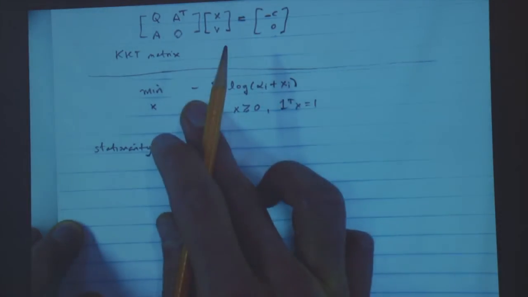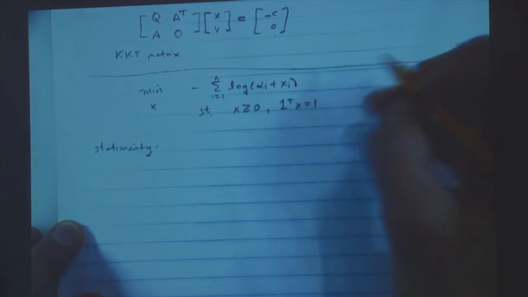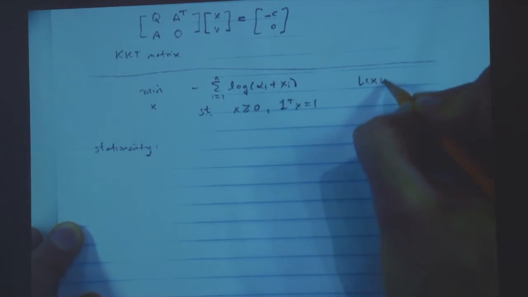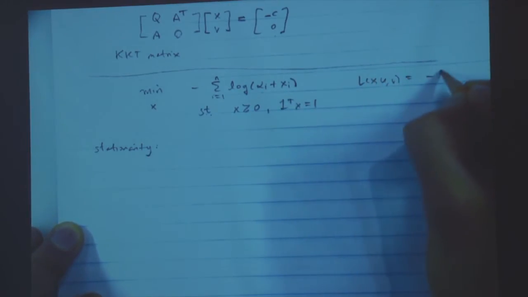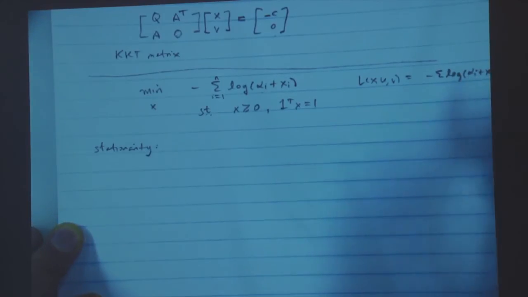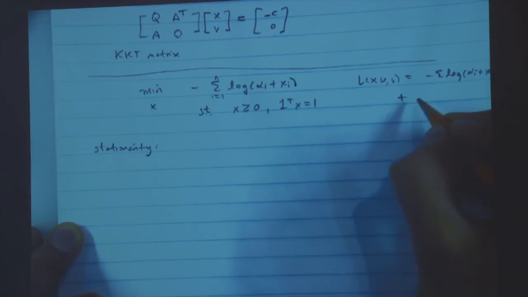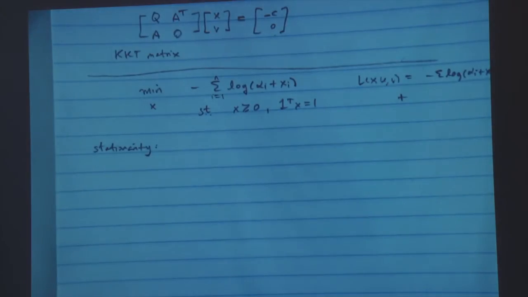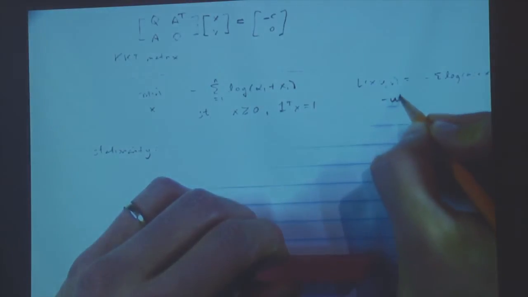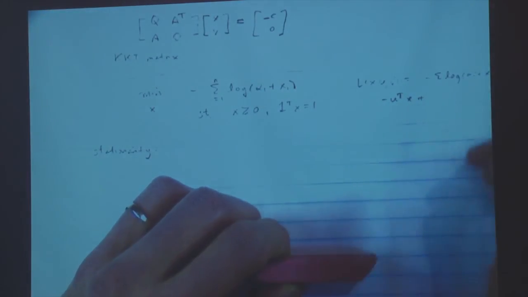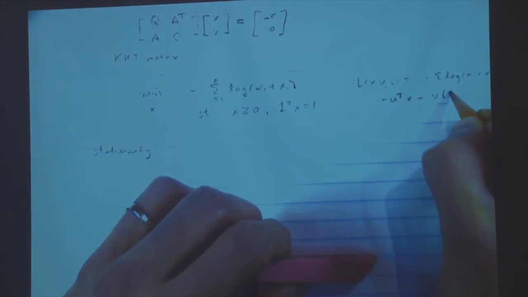So the Lagrangian is just the minus sum of logs, minus u transpose x plus v times (1 transpose x minus 1).